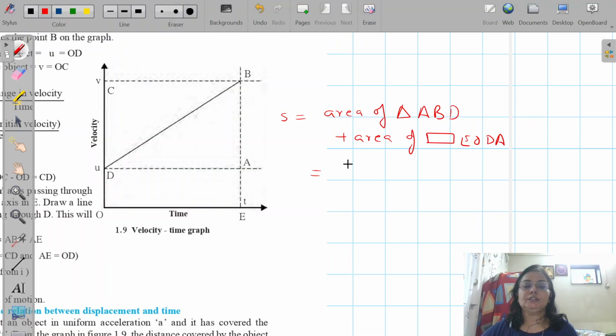Now this is how much? Area of triangle ABD is how much? Half base into height, just t into height. Height AB is how much? V minus u. Plus area of rectangle EODA is how much? Time into u.